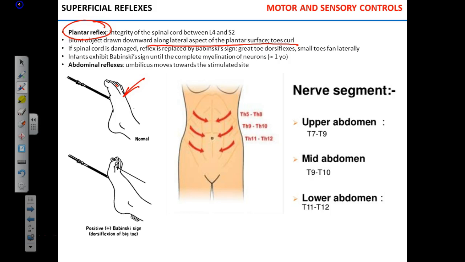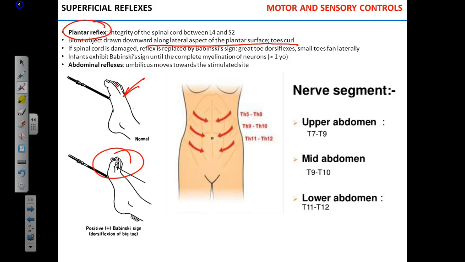In babies, up to 1-2 years of age, so at like 2 months, I call them zucchinis, they don't do plantar reflex. They do Babinski sign. Their toes fan out. And that's normal for babies, because the myelination of the spinal nerves isn't complete yet.